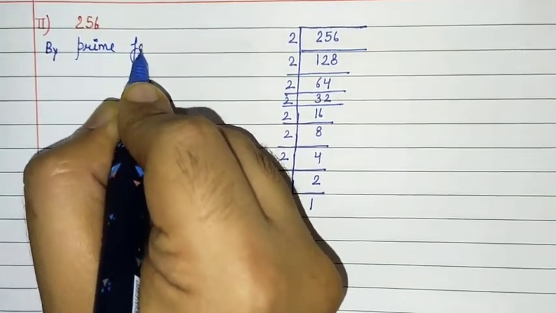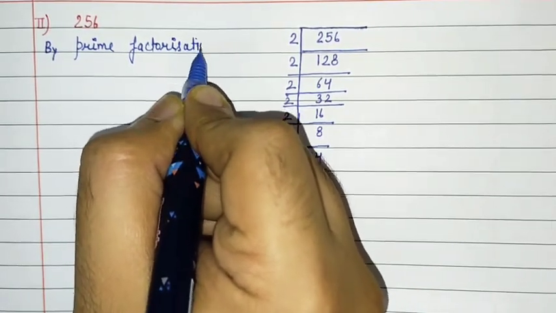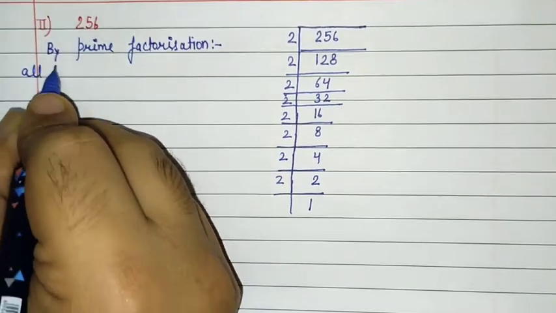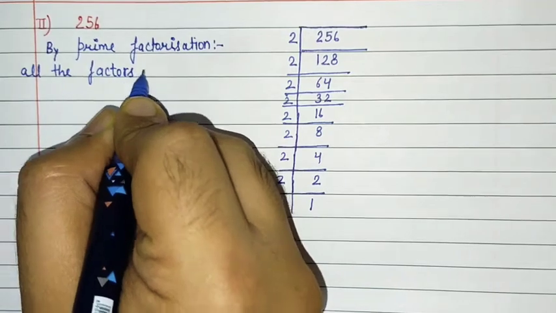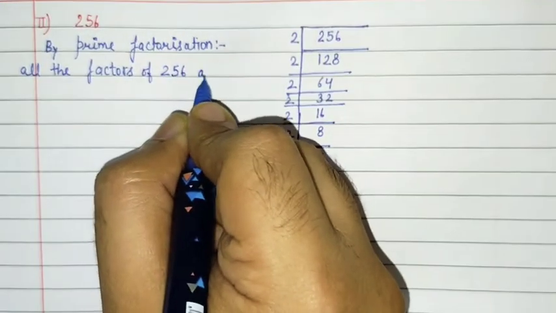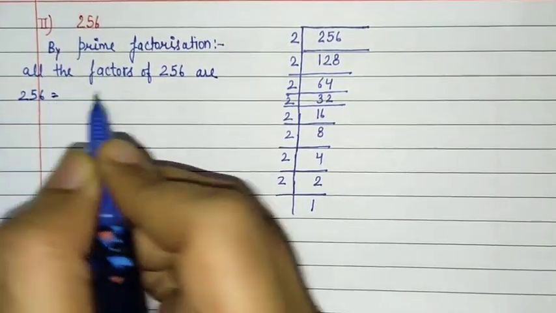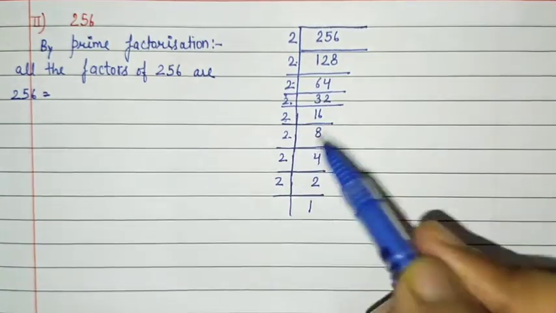So by prime factorization we will write all the factors. All the factors of 256: 256 is equal to, how many 2s are there? 1 2 3 4 5 6 7 8.